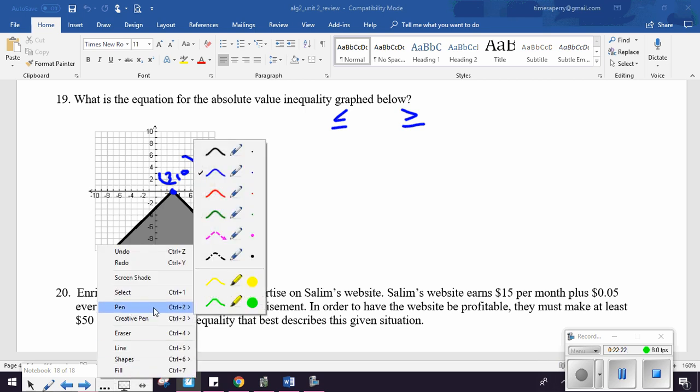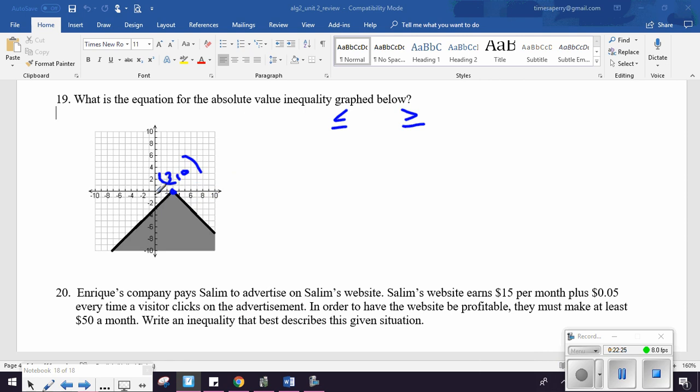So if we remember, our parent function started at 0, 0, and it faces up, right? So our parent function shifted right 3 units. So we know the absolute value sign is a liar. When you go right, that's an x minus 3 scenario, not an x plus 3, because you do the opposite.